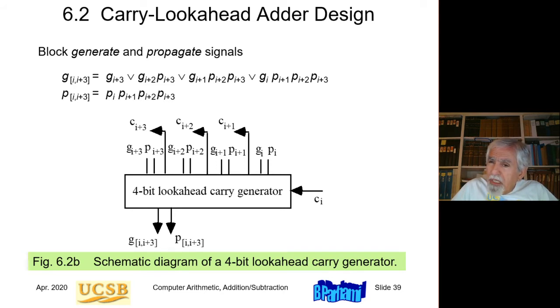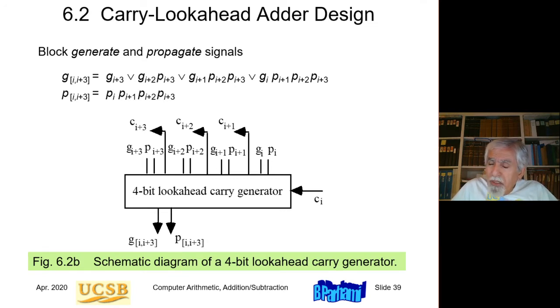We want to compute Ci plus 1, Ci plus 2, Ci plus 3. Ci plus 1 is a function of Gi, Pi, and Ci, the signals to its right. Ci plus 2 is a function of Gi plus 1, Pi plus 1, Gi, Pi, and Ci, and so on.